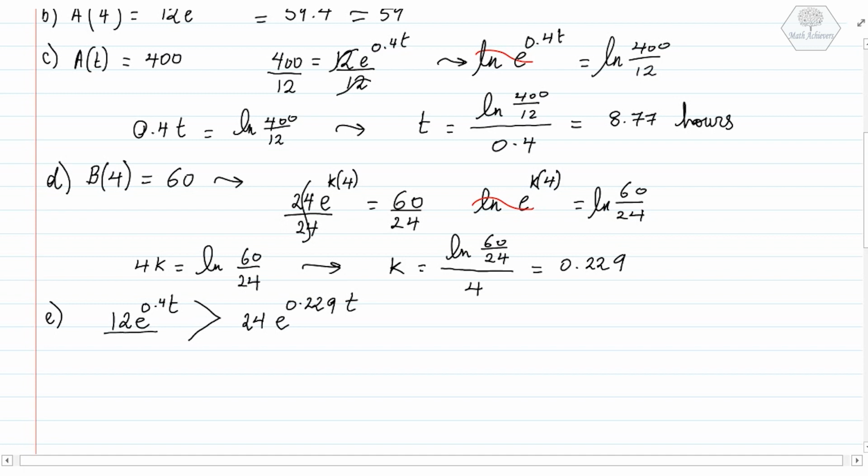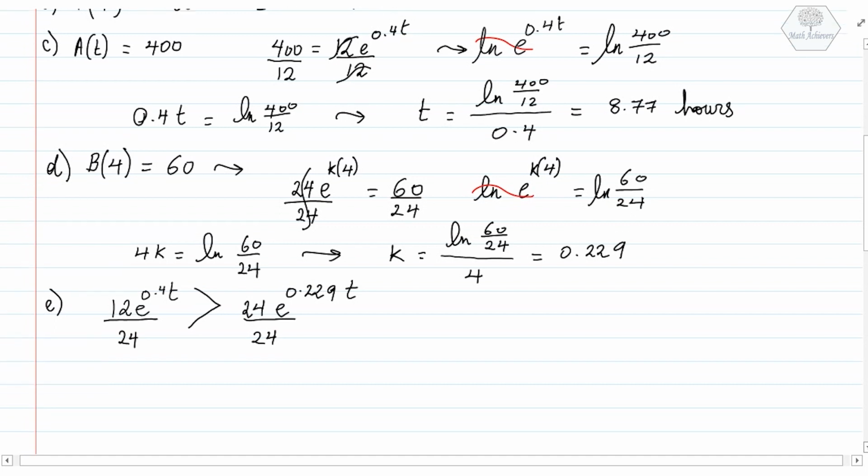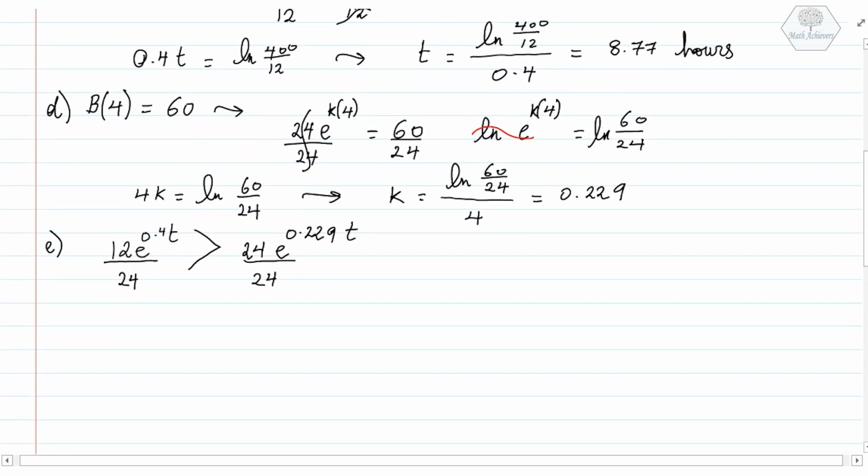This is over 24 and this is over 24. We'll have half e to the power of 0.4t must be greater than e to the power of 0.229t.